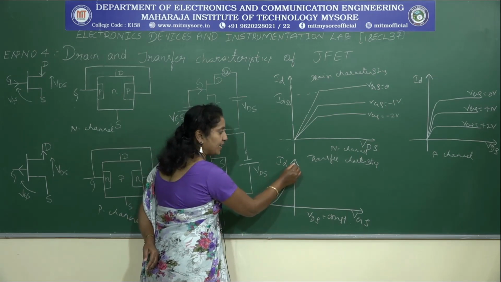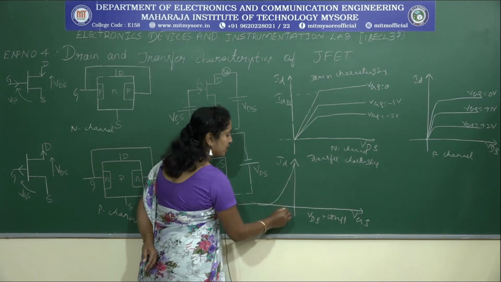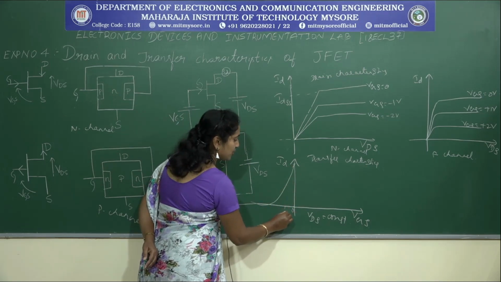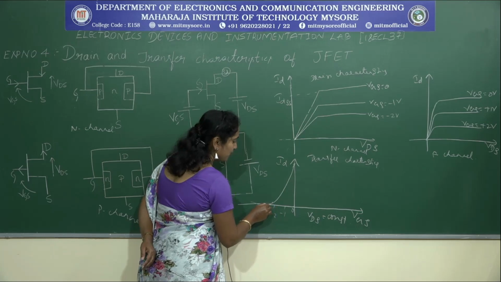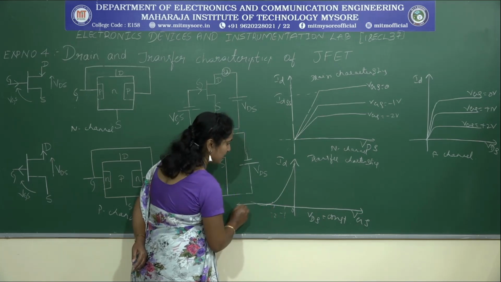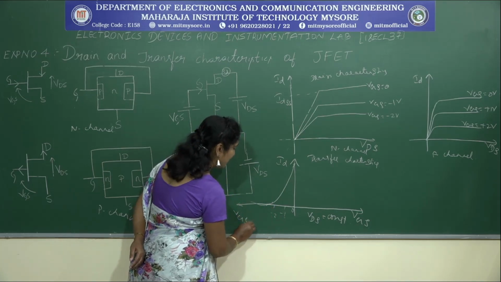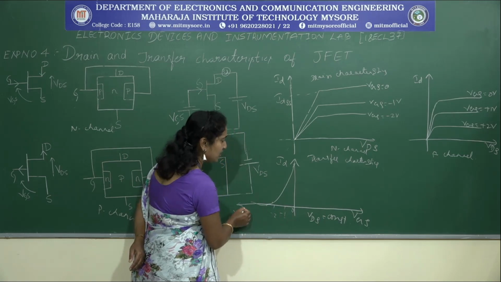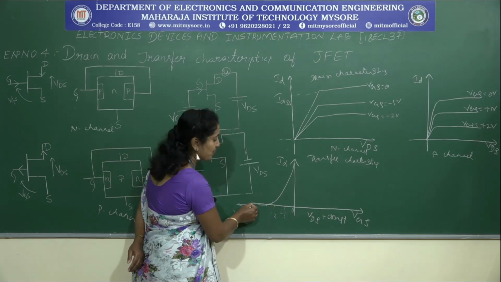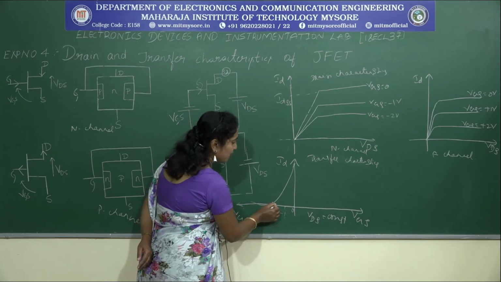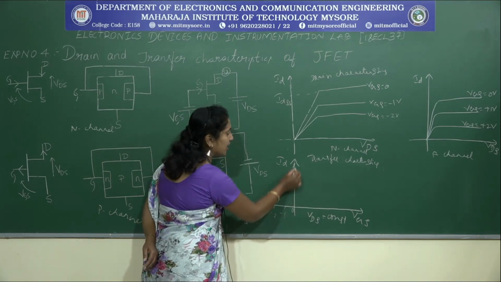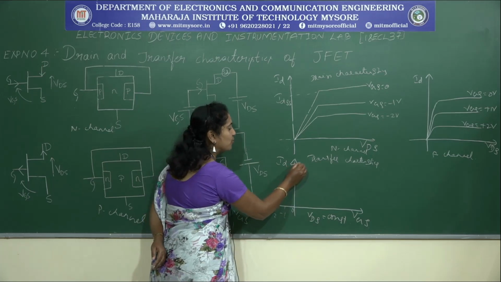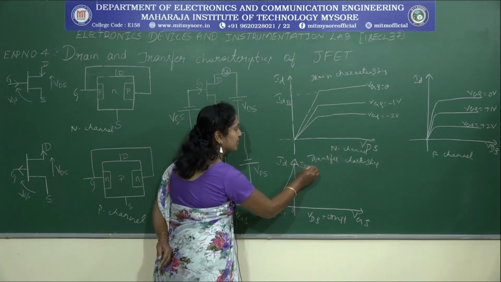Here, when ID is maximum, this is 0, this is minus 1, this is minus 2. If you vary the VGS, the ID becomes 0. If VGS is 0, then the ID will be maximum. This point you call IDSS.